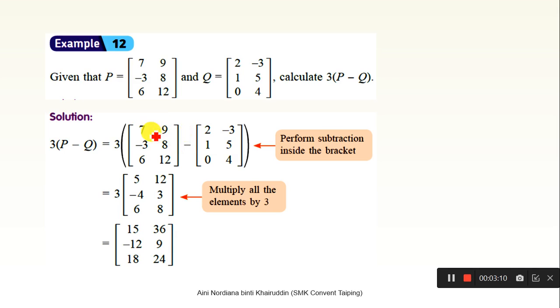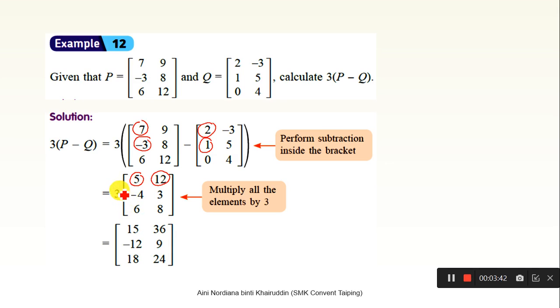So we do the bracket first. 7 minus 2 is 5. 9 minus negative 3 is 12. Negative 3 minus 1 is negative 4. And do the same thing for every element in the matrix. So this is the answer for P minus Q.